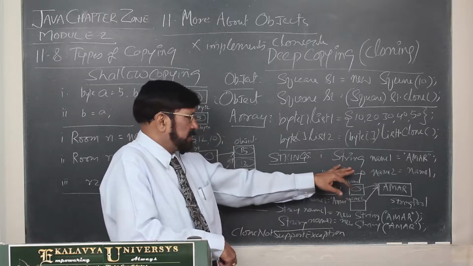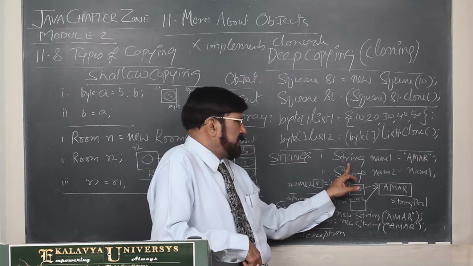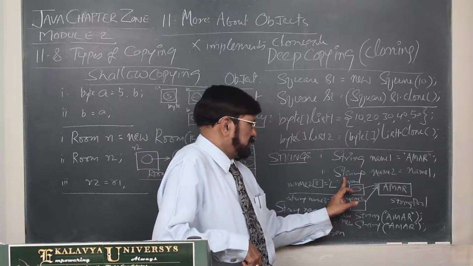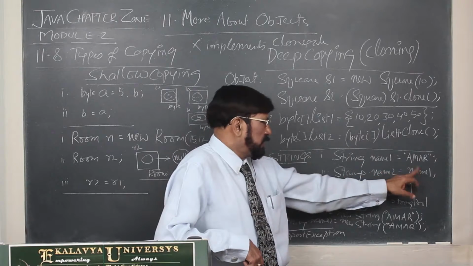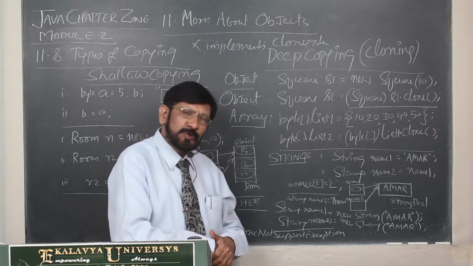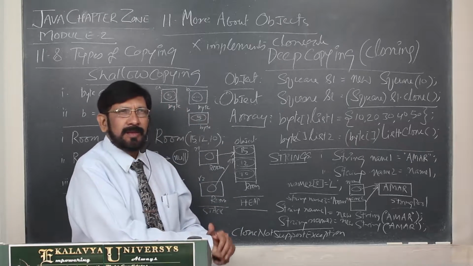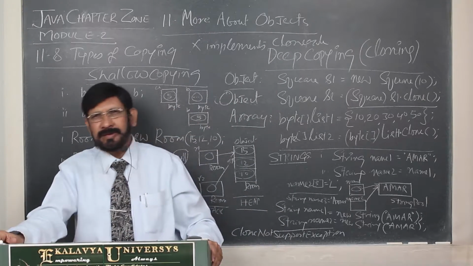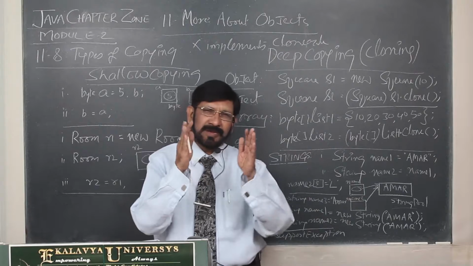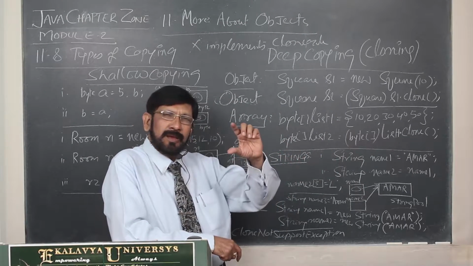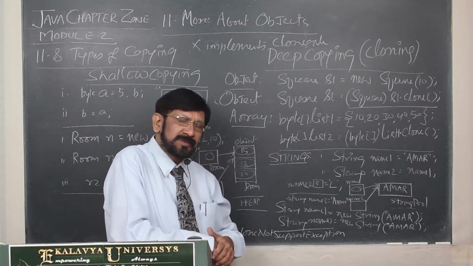And once again, I am telling you, String name1 = "Amar"; String name2 = name1. Actually, for storing strings, a separate memory pool is created. It is on the heap only, but because of the immutable nature of strings, a separate memory location is created.